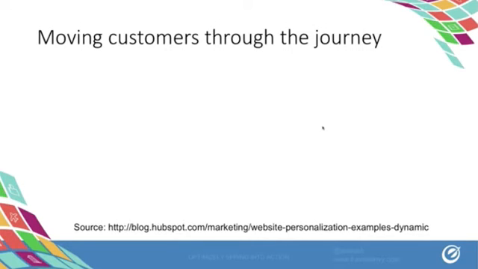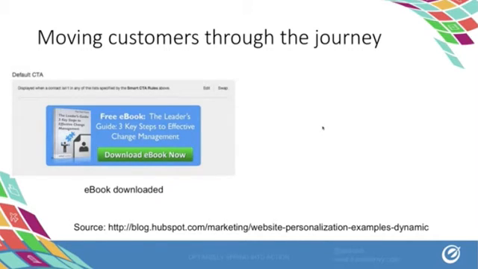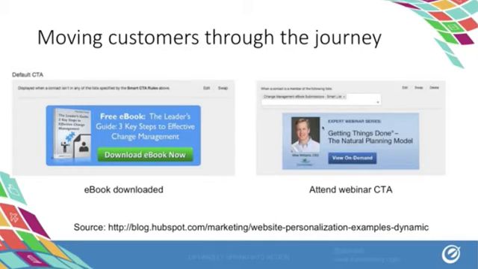Behavioral is one way to go about it. There are certainly other ways to move the customers through the journey. You might have that data in your marketing automation solution. So again, in a case study by HubSpot, when the user first came to the site, they were presented with an opportunity to download an ebook. That ebook was gated content, sitting behind a lead form. The user filled out that lead form and became a lead in HubSpot. That lead would end up on a list, and that list was then integrated back into the user experience.